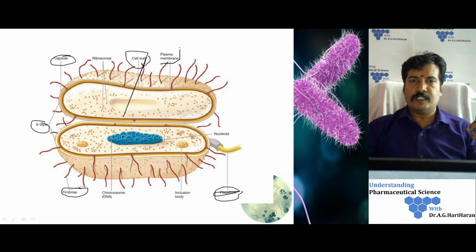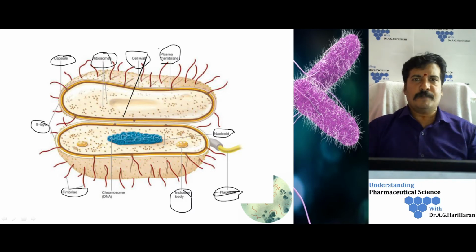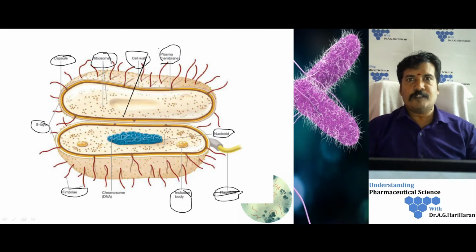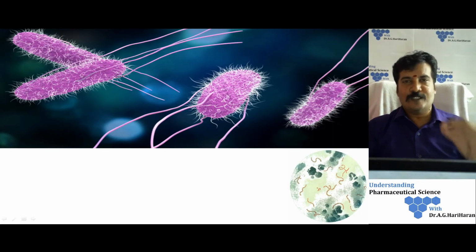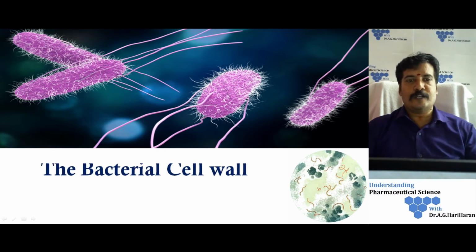The major ones are the plasma membrane and the cytoplasm. Inside the cytoplasm we have the nucleus, genetic material DNA, and small inclusion bodies and ribosomes. In my previous videos you can understand the structures internal as well as external to the cell wall separately. This one is dedicated totally to the bacterial cell wall.